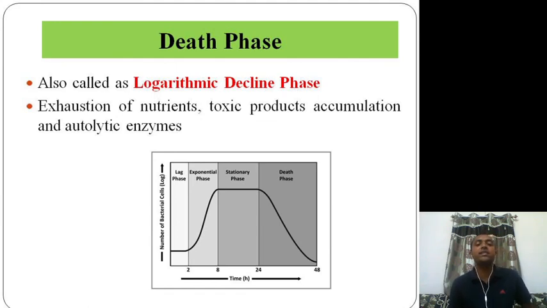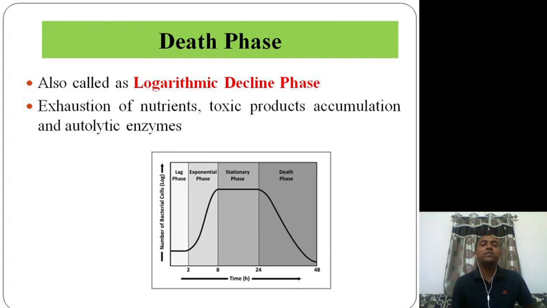At a certain point there will be depletion of nutrients, and since the bacteria are not getting proper nutrients, they die off. That's why you see a steep decline, and why the term logarithmic decline phase is used. They also produce toxic products and enzymes which are detrimental to their own growth.